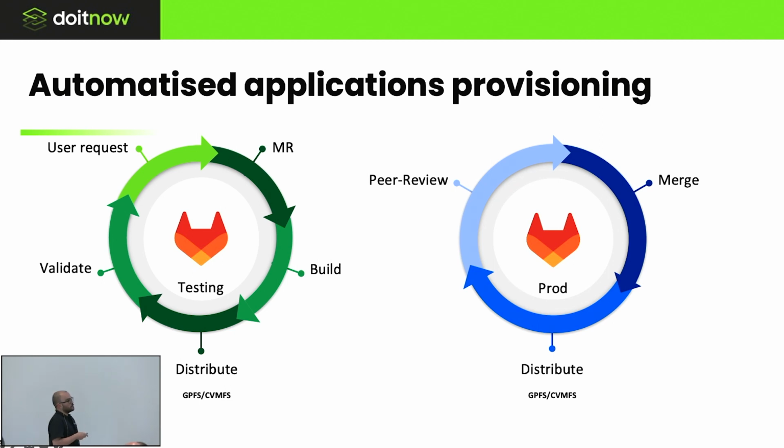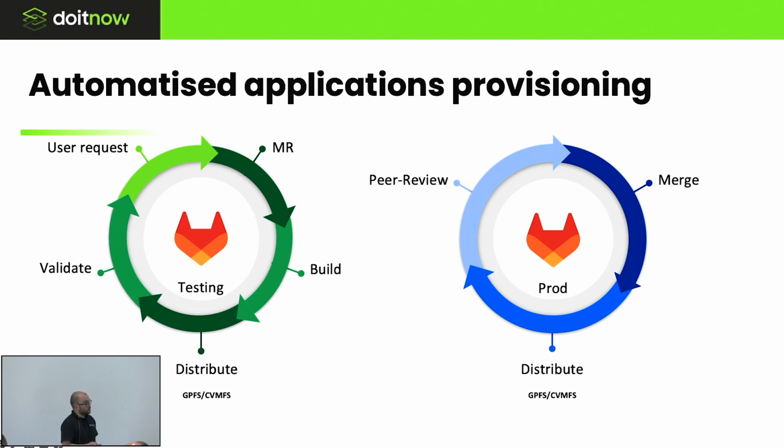In the second cycle, a partner of the application group will do a peer review. We'll check the EasyBuild recipe, we'll check the binaries, we'll check everything here. And once he approves, the package is merged, and then it's moved to production. So once we have software in production, it will remain in production until deprecation, unless there are some security concerns.